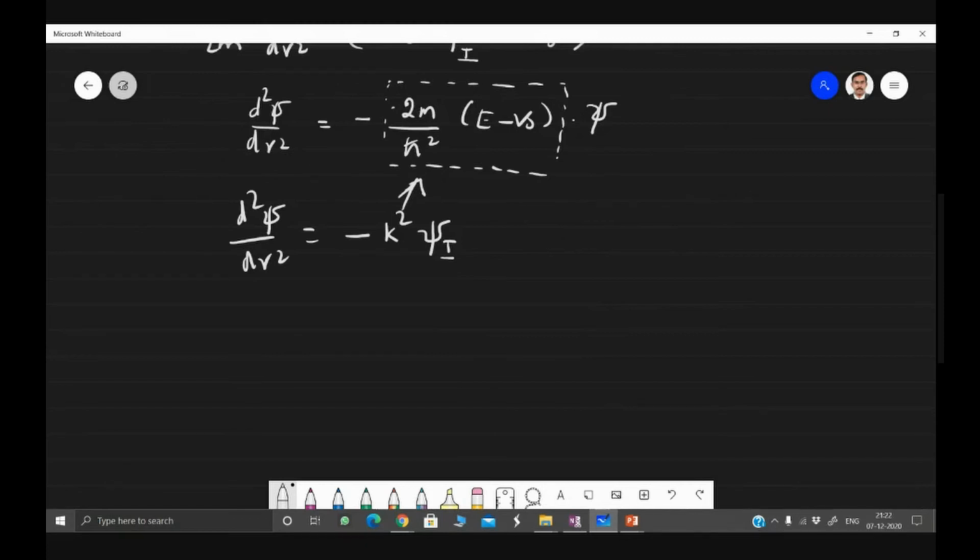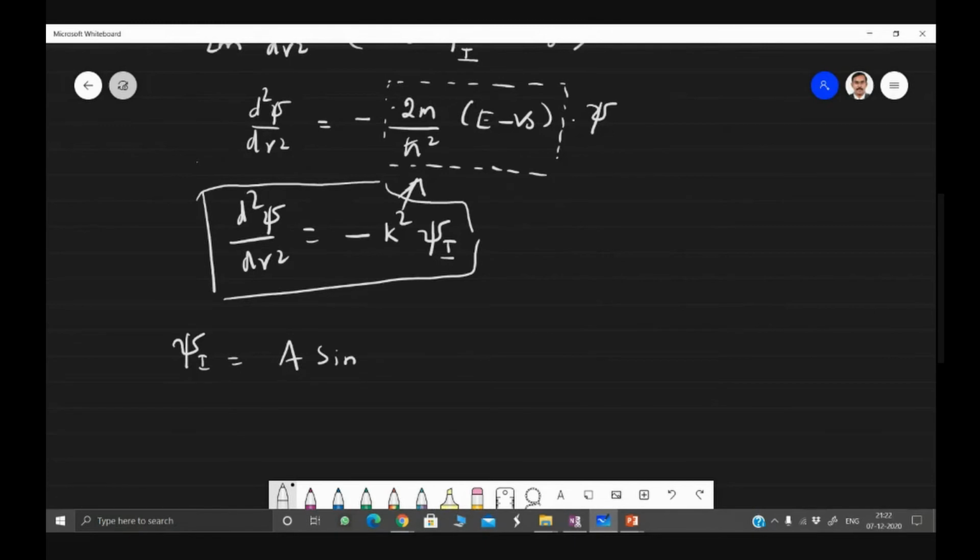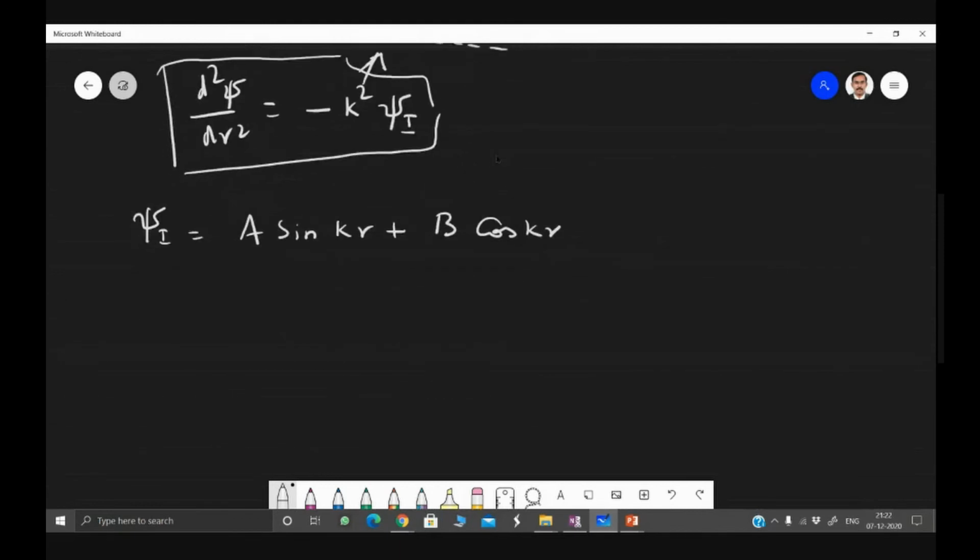So we have a standard form of the differential equation d square psi by dr square is equal to minus k square psi, and hence immediately we can write down the solution for this equation as psi 1 is equal to a sine kr plus b cos kr. Okay, so this is the solution for this differential equation.